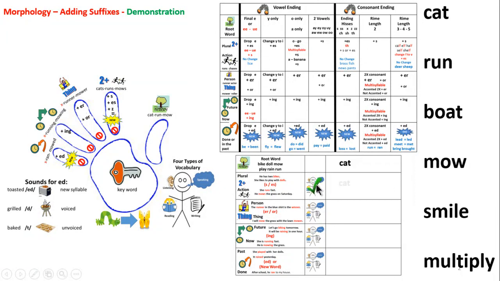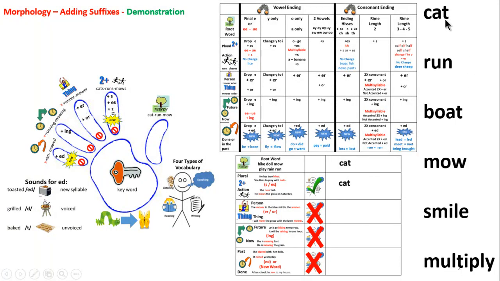Well, it is in my speaking and listening vocabulary, so yes. How about catter? No. How about catting? No. How about catted? No. So now let's take a look at the rule how to add to make it cat, cats.